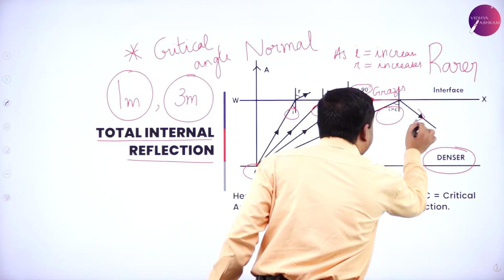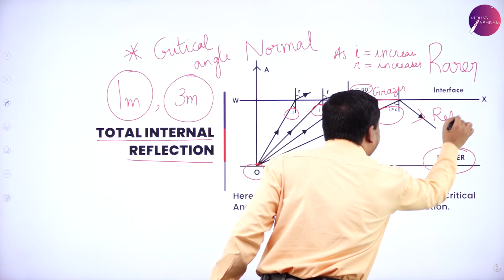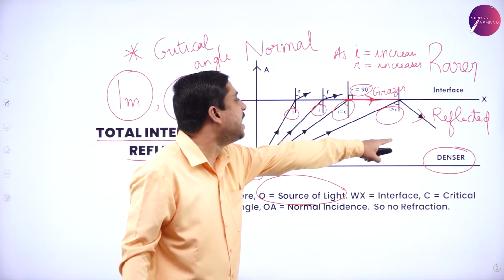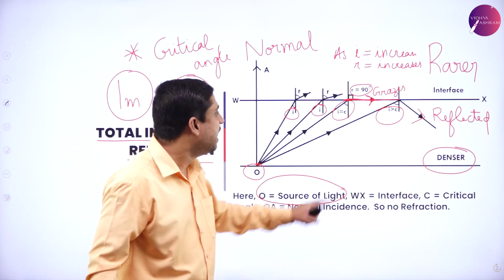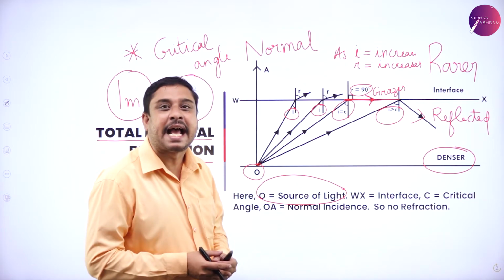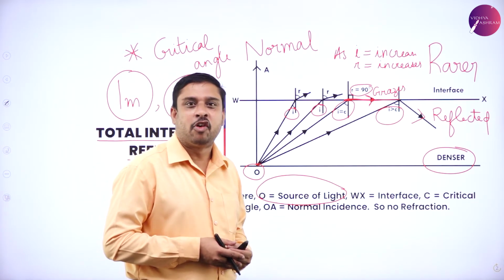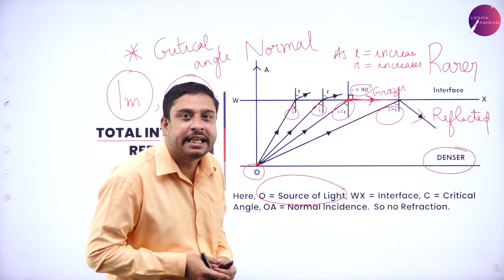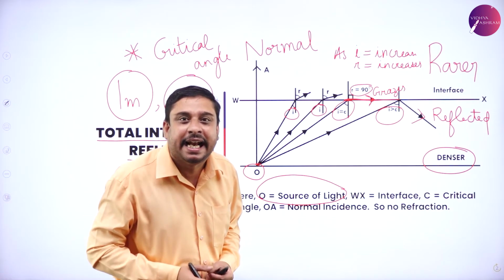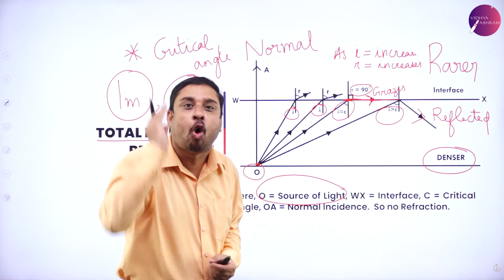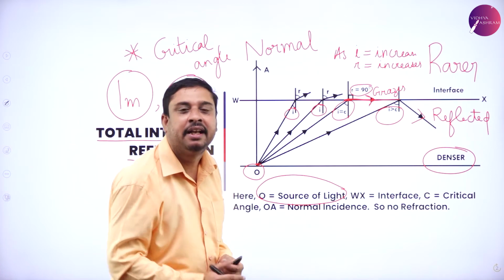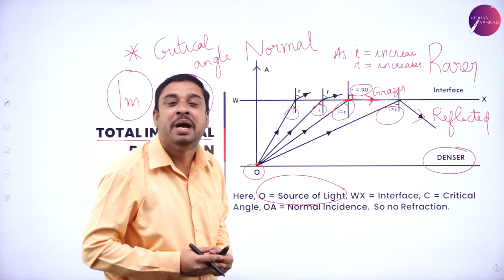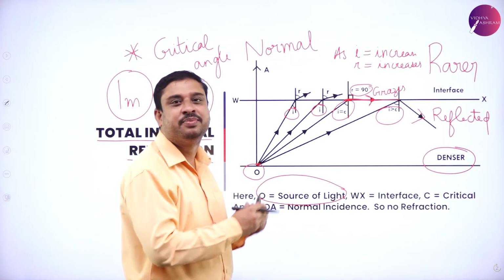The ray is reflected back to the same denser medium when I is greater than C. For an angle of incidence greater than critical angle, the incident ray suffers total reflection and hence comes back to the same denser medium.